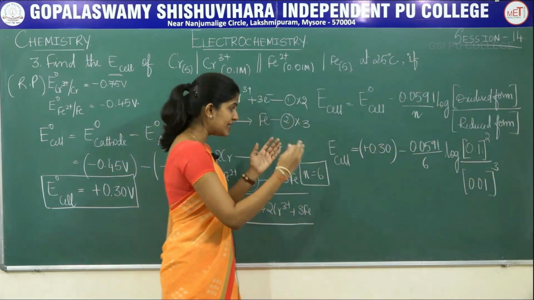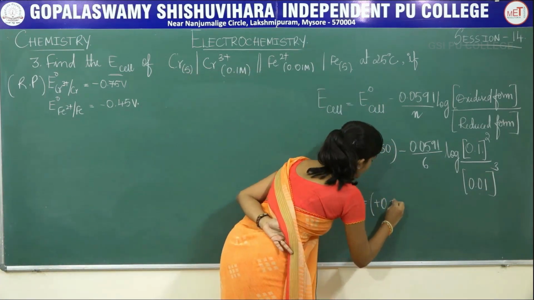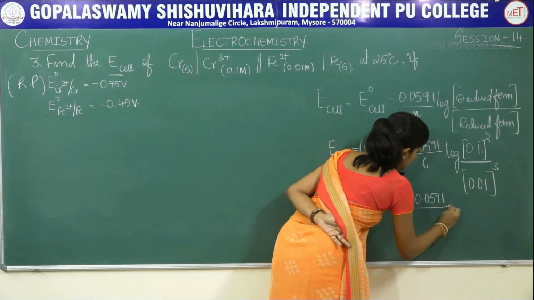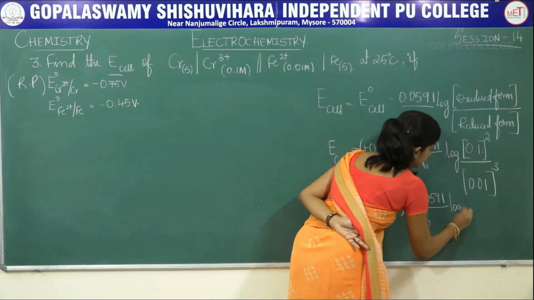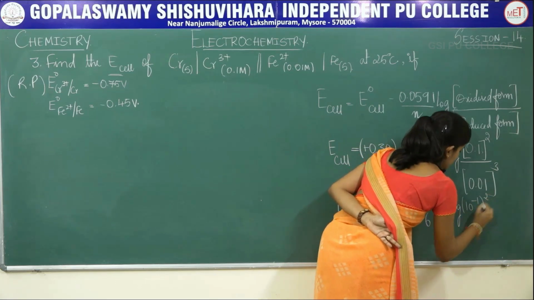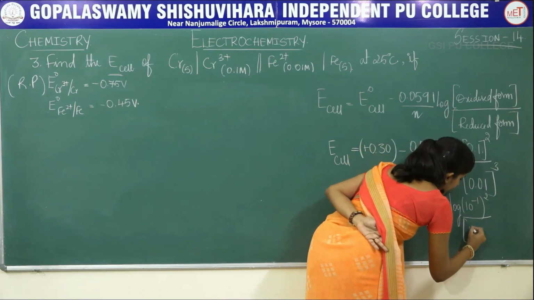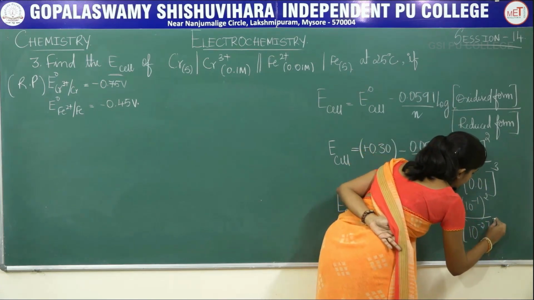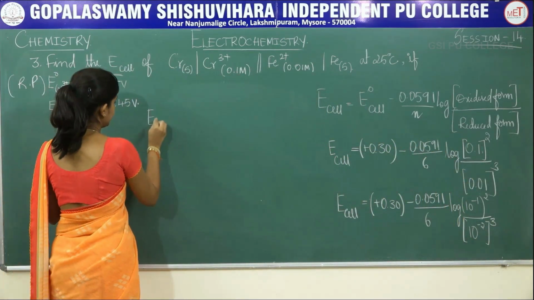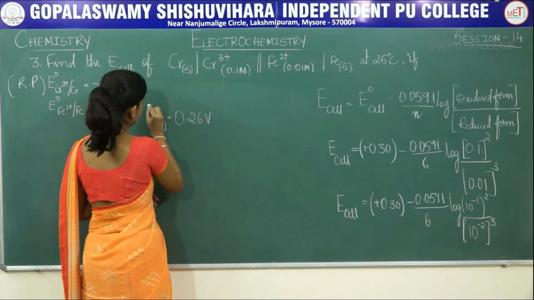With the complete substitution of this formula, E cell is equal to plus 0.30 minus 0.0591 divided by 6 log of 10 to the power of minus 1 whole square divided by, if you shift the point, 10 to the power of minus 2 whole to the power of 3. So E cell is equal to 0.26 volts.